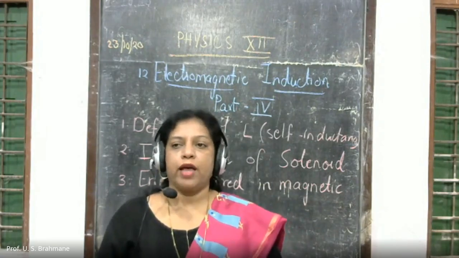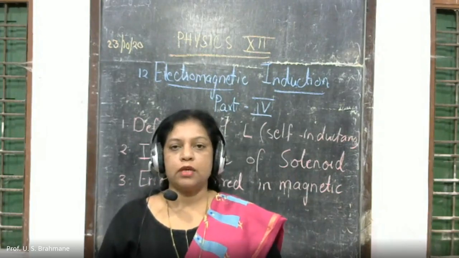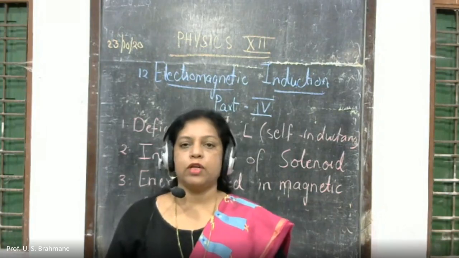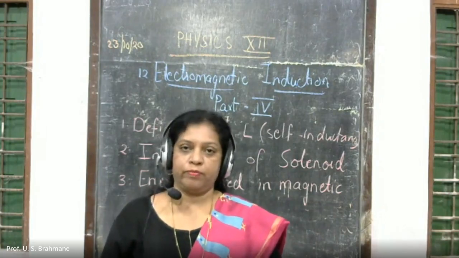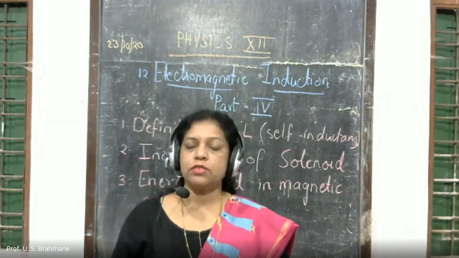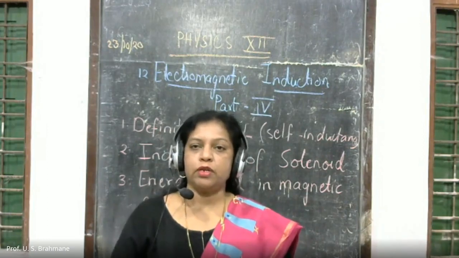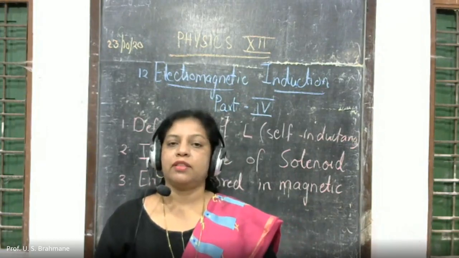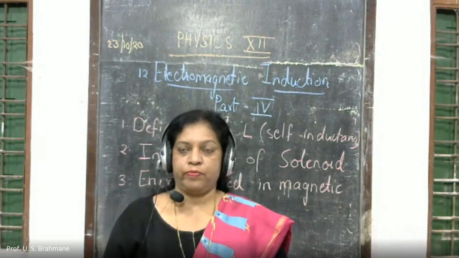In a single loop there is only a single induced current, but in a plate there are a number of electrons that spin in a circular motion, and that is nothing but the eddy currents.